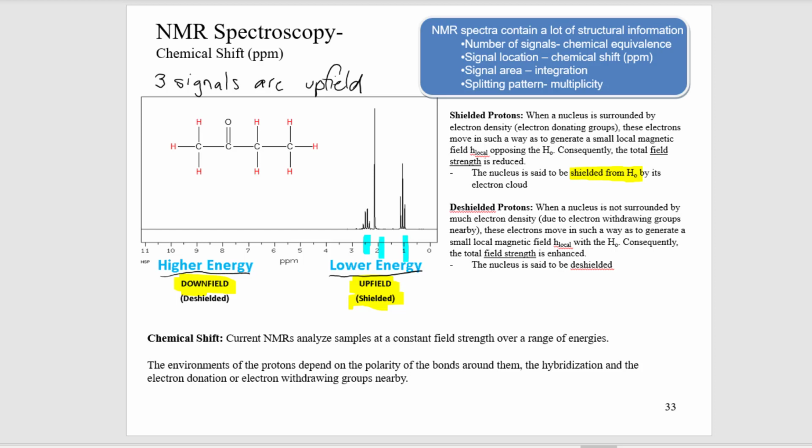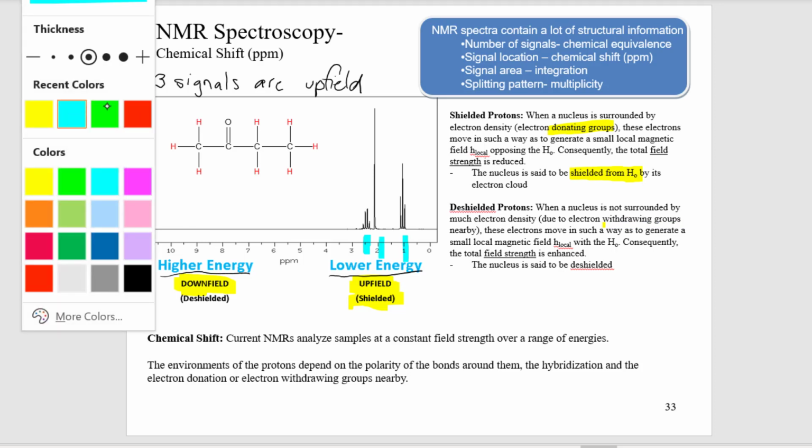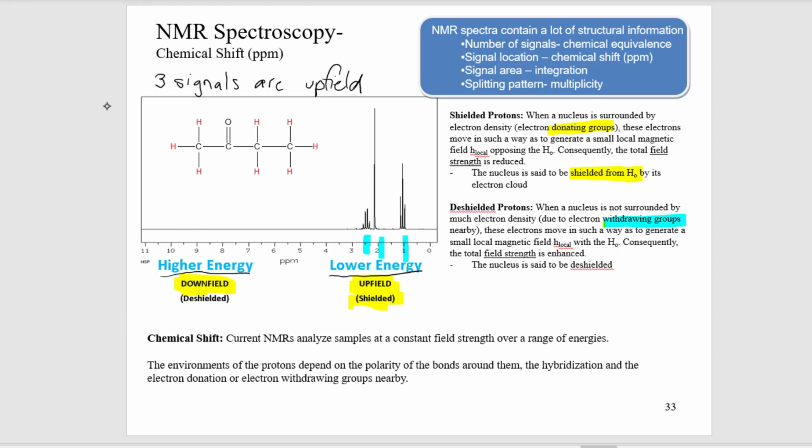What is going to deshield you? Well, things that pull the electron density away from you, those greedy atoms, the electron withdrawing groups as opposed to donating groups, right? Electron withdrawing groups are going to pull my electron clouds away from me. And they're de-shielding me so that the sun can peek through, right?